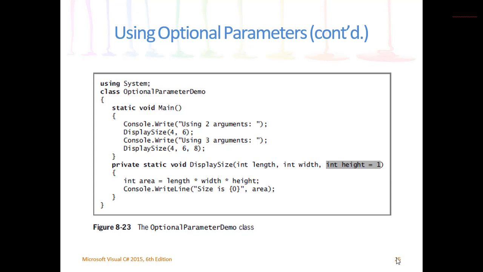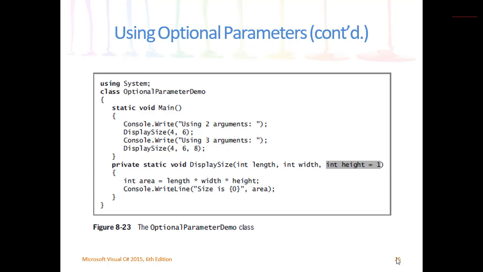It's declared, but it's also initialized. That initialization means that if we don't pass a value to that parameter, the value of that variable becomes 1. So if you don't pass, it becomes 1. Like here, display size, 4 and 6. 4 is which parameter?